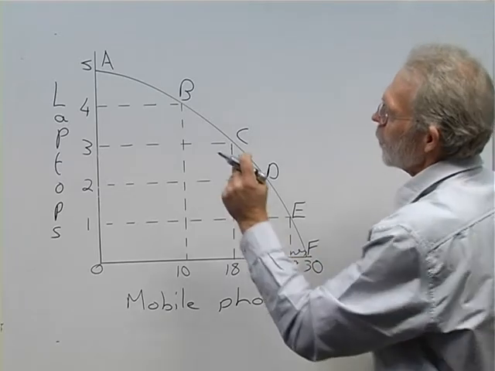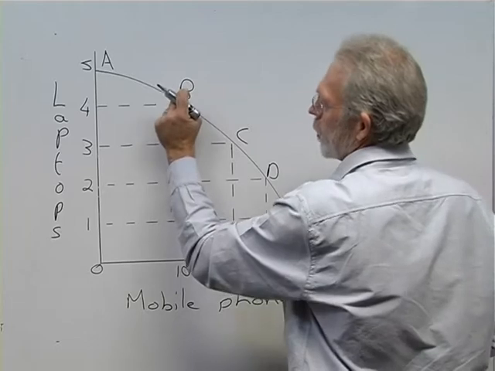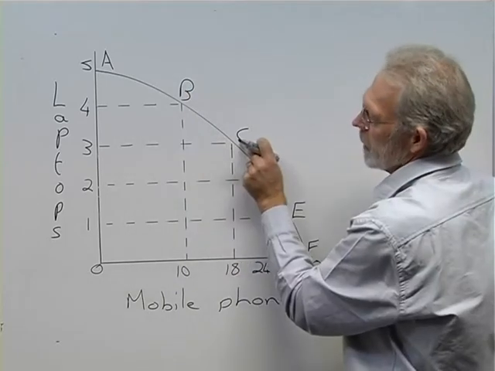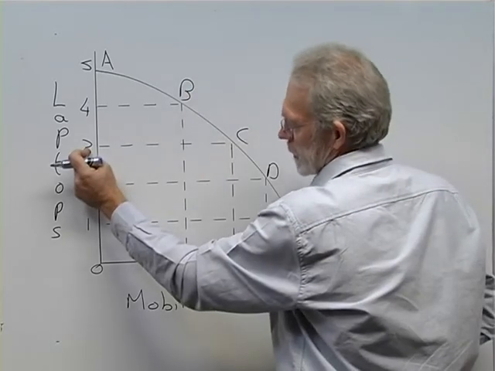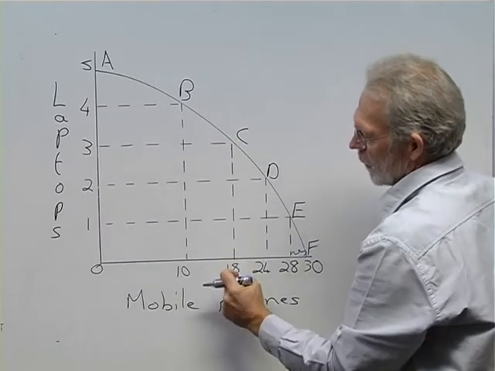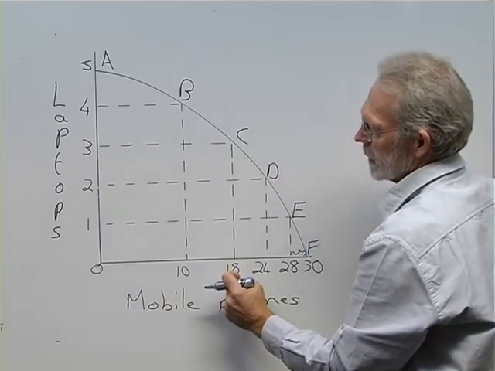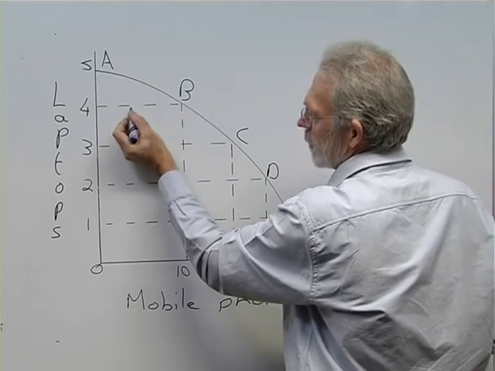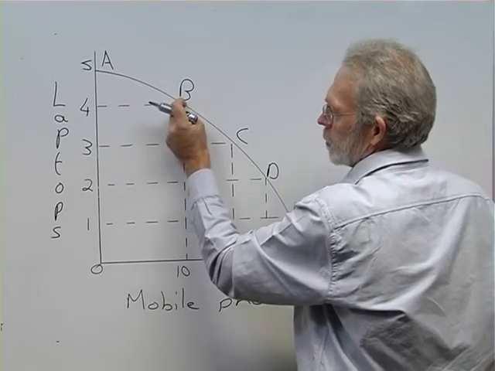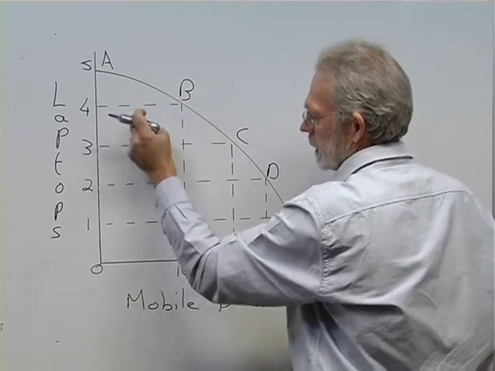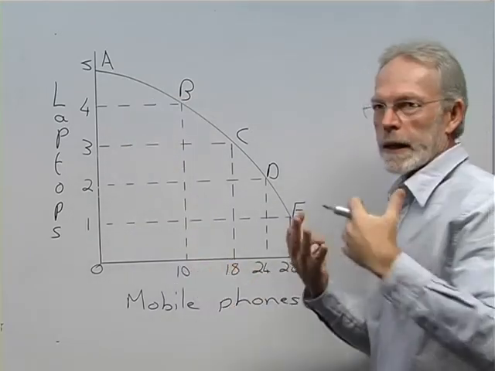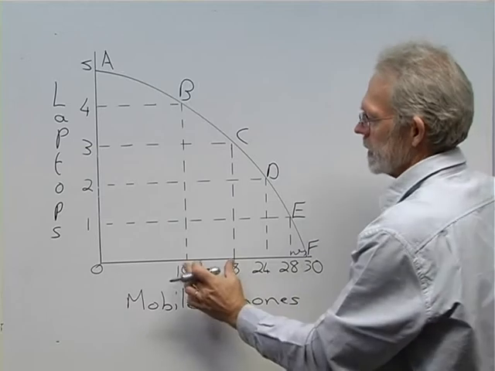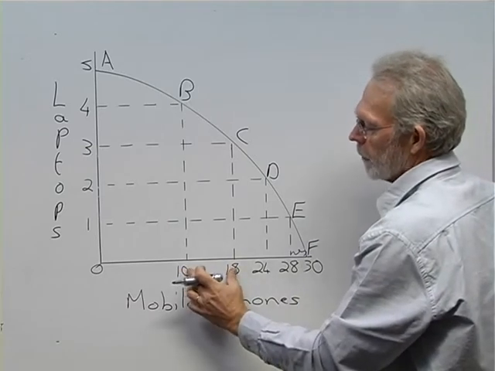Similarly, if we move from point C to point B, now at point C, production of laptops is 3,000, mobile phones 18,000. Now we want to increase production of laptops to point B, another 1,000, but now again we have to give up a certain amount of mobile phones.